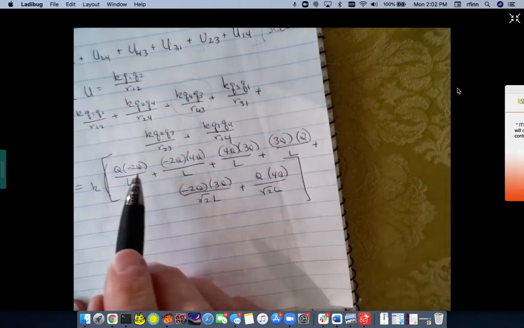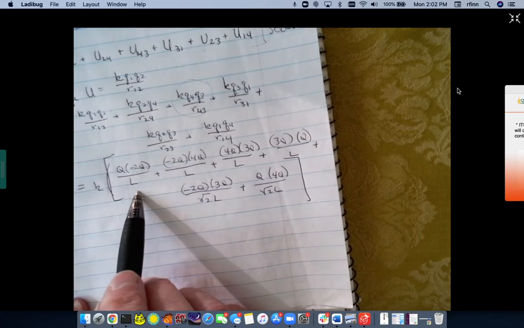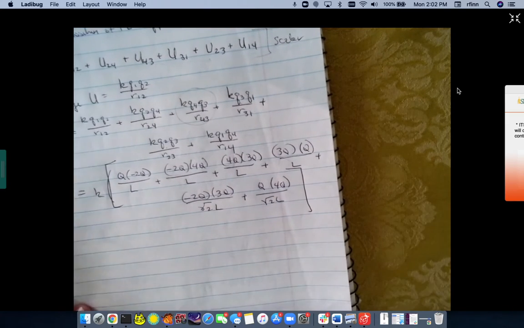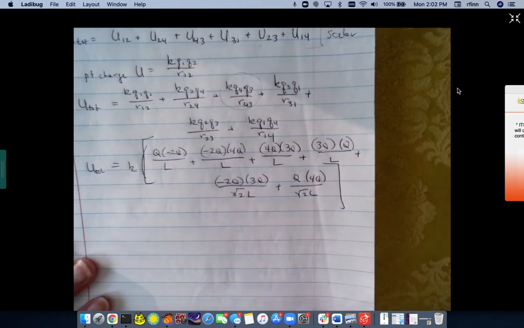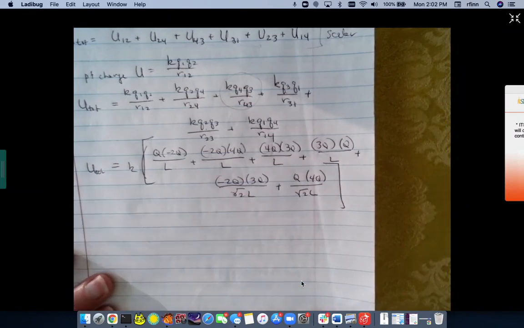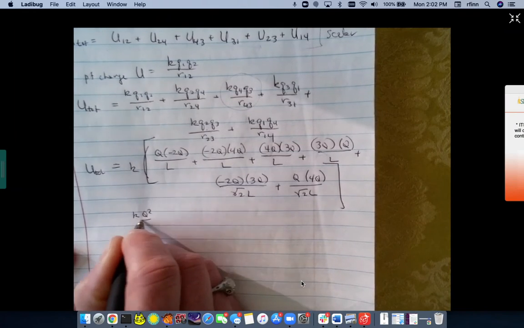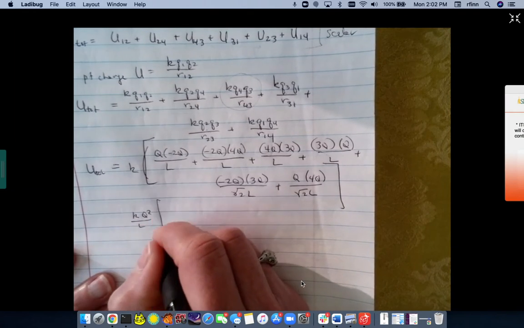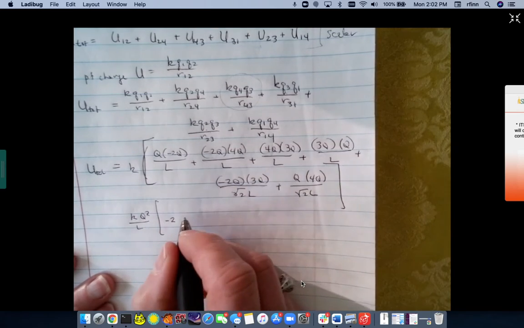Okay, so every term here has a Q squared divided by L, so let's factor that out. Okay, so we have K Q squared over L, and then we're left with, from here, the first term, we just get a -2.